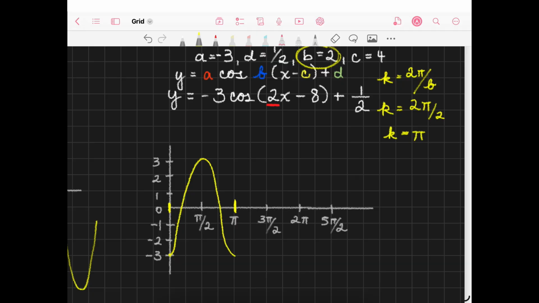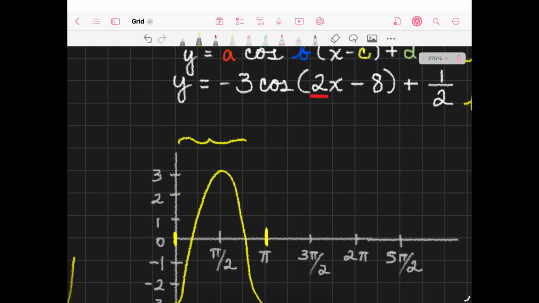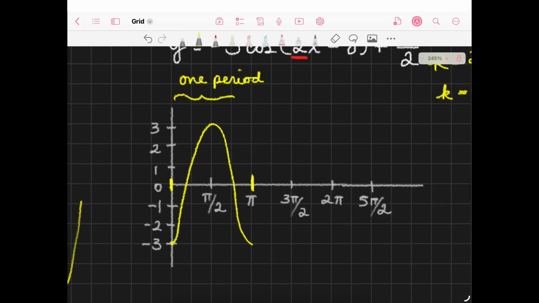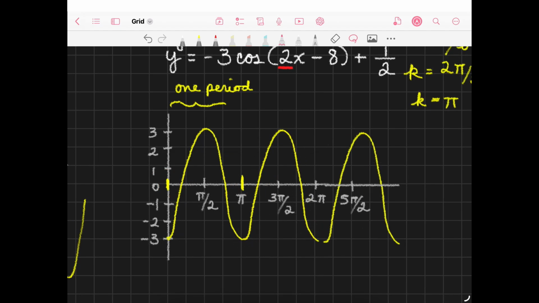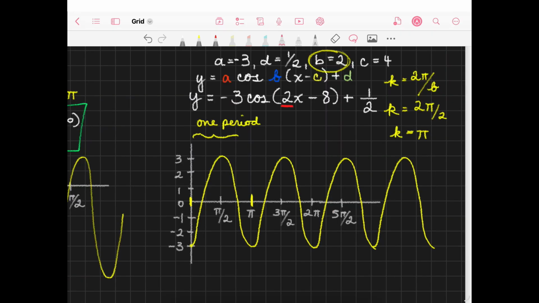So this is what your graph would look like in one period, ranging from x equals 0 to x equals pi. Alright, so once that's done, we've found our A. We've already graphed our A and we've already graphed our B.